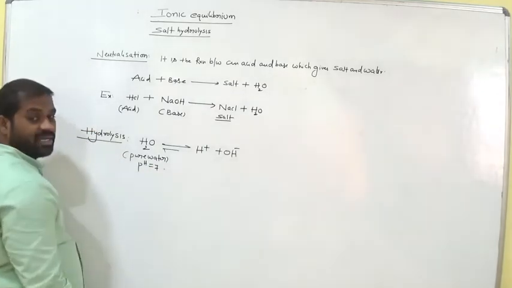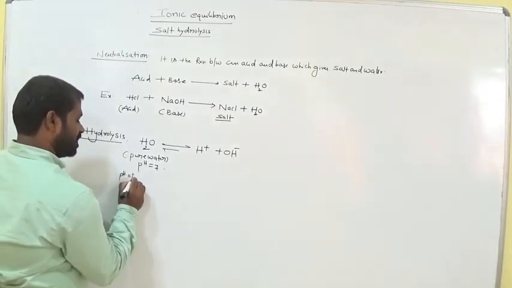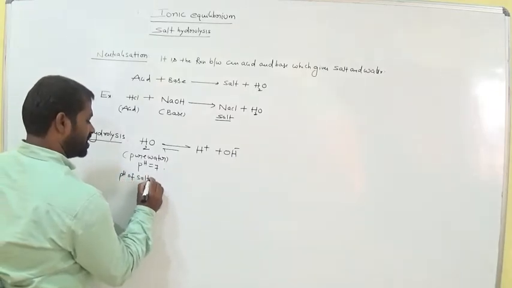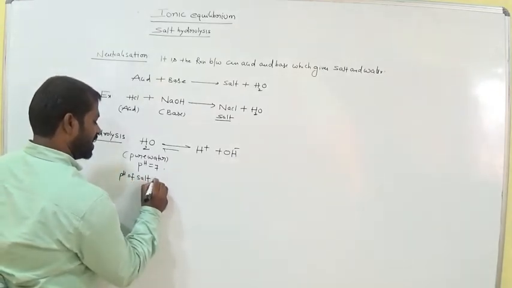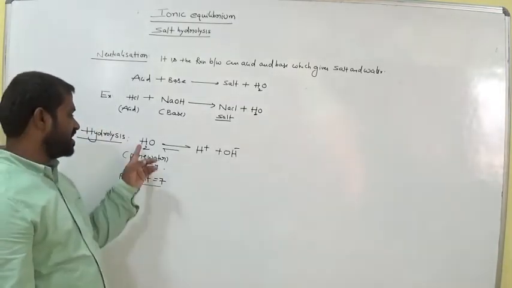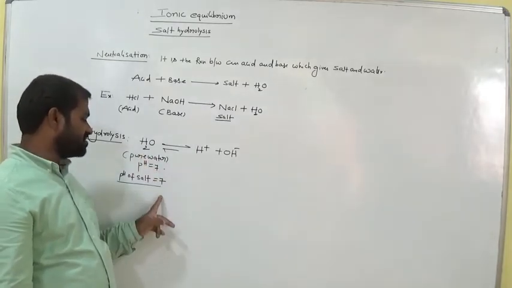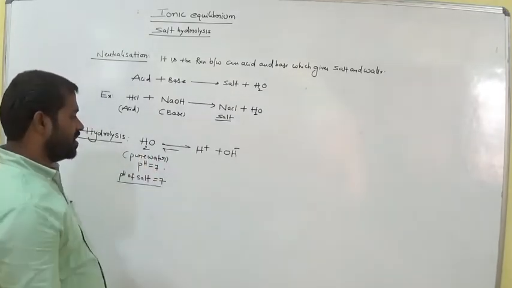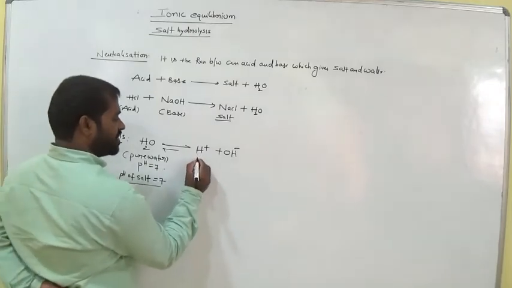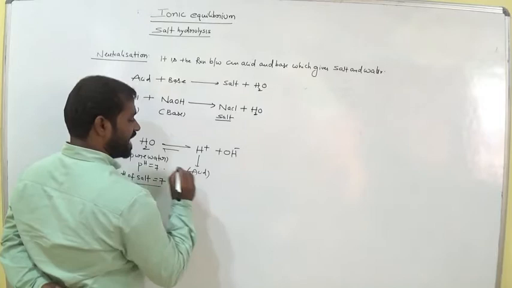What is the pH of salt? The pH of salt is also 7. Am I right? Pure water, its pH is 7, so it is simply neutral in nature. Now H plus means it is simply acid.